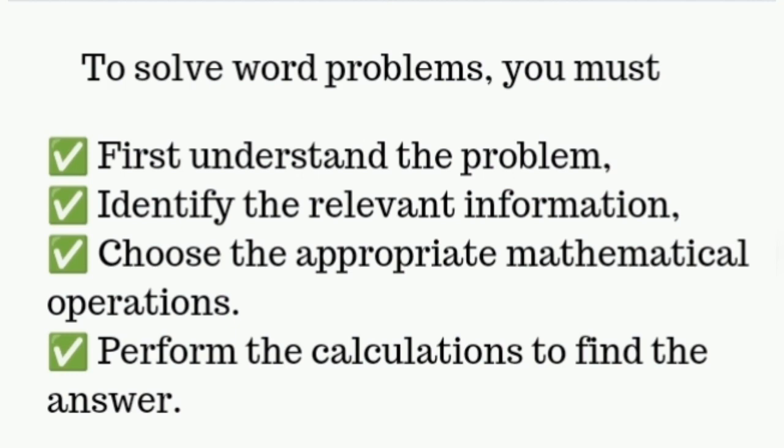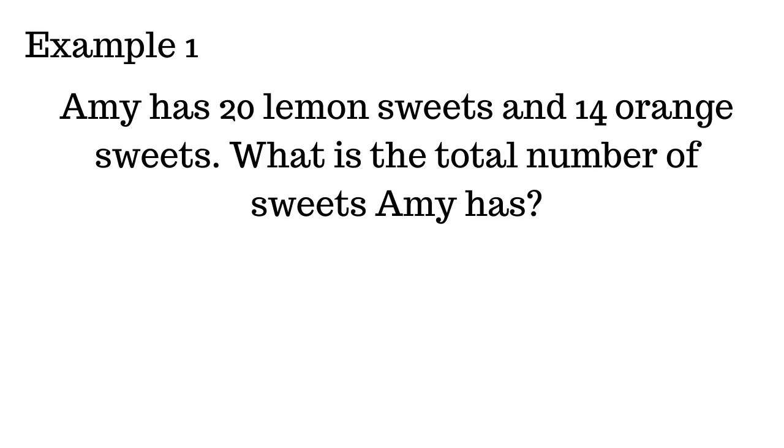We are going to look at 10 examples of word problems on the different math concepts we have learned so far. Example 1. Ami has 20 lemon sweets and 14 orange sweets. What is the total number of sweets Ami has?